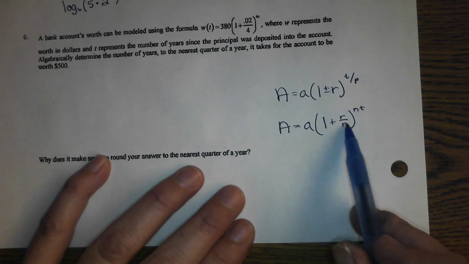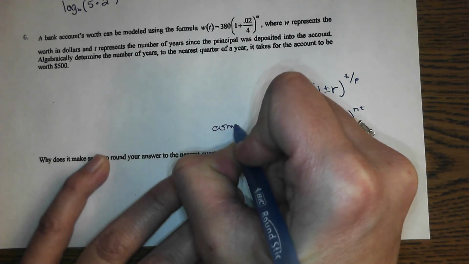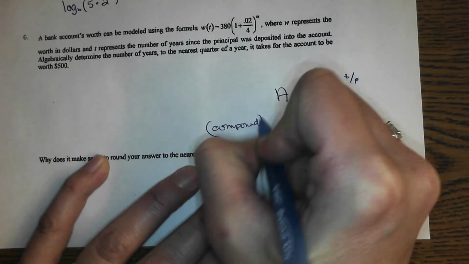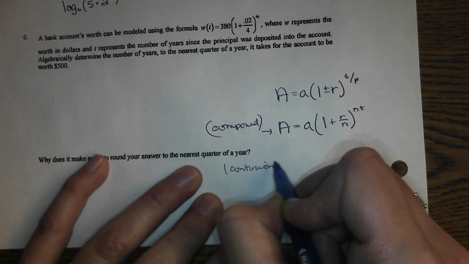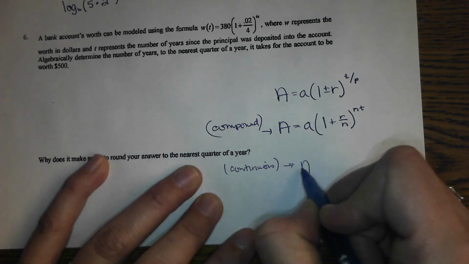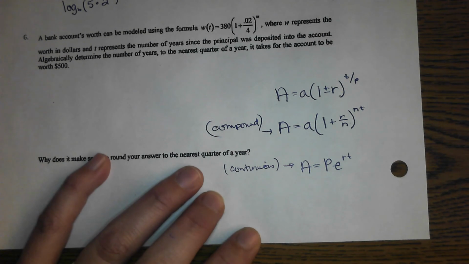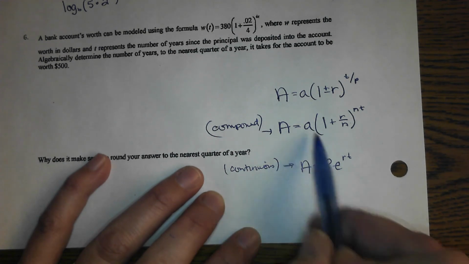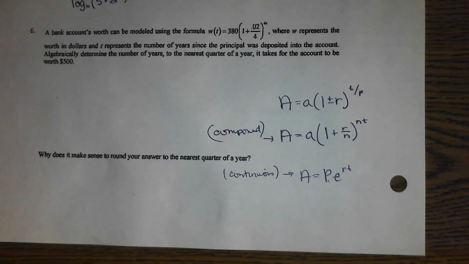If you compound monthly, n is 12. If you compound weekly, n is 52. And then if you see the word continuous, so if you see compound, you're going with this one. If you see the word continuous, you're going with the Pert formula. P, by the way, could be here. Principal and lowercase a are the same thing. That's your starting value. Okay?